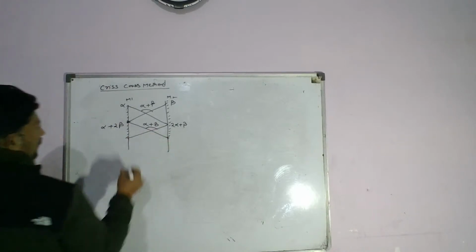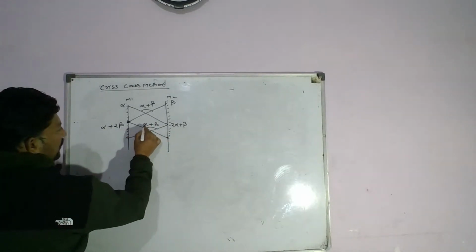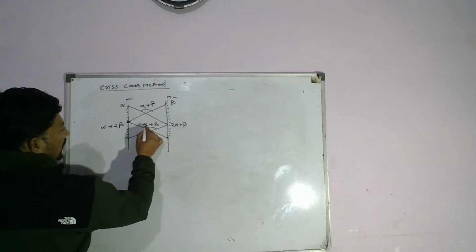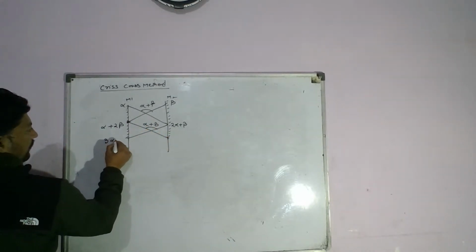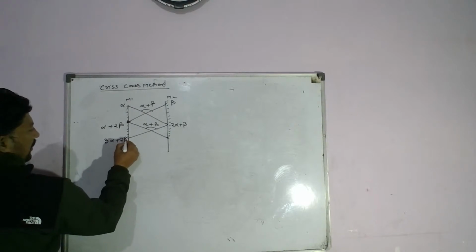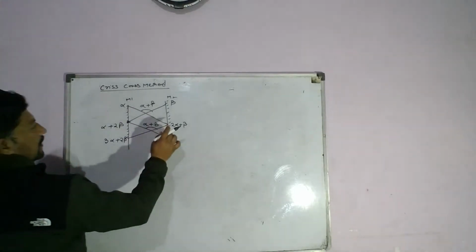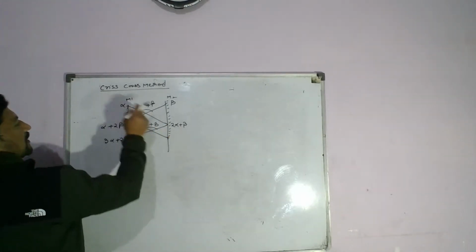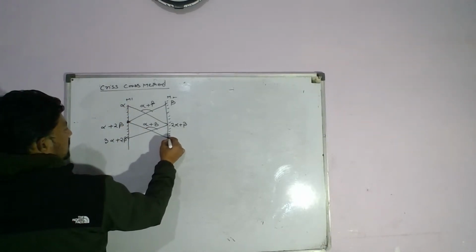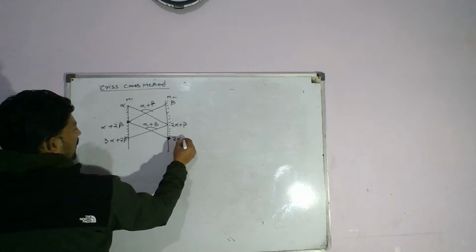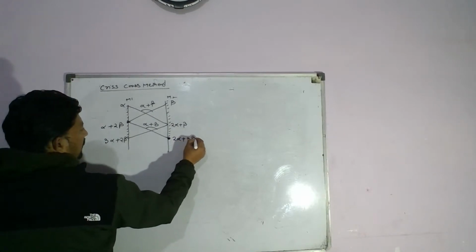So again, here 2 alpha plus alpha, 3 alpha plus 2 beta, and M2 plane mirror with respect to M1, it means this is 2 alpha plus 3 beta.